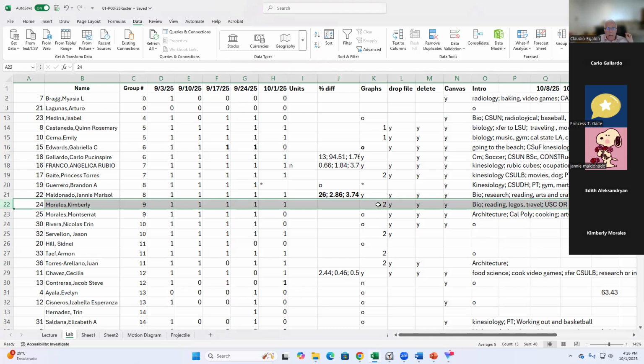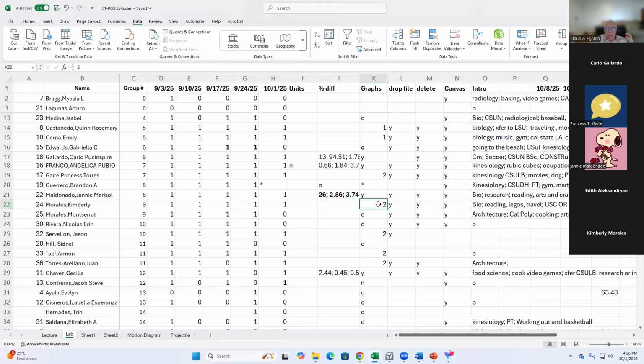Did you manage to finish the third graph? No? You said you're just using your phone, right? You don't have your computer. Make sure you have your computer, because it's kind of impossible plotting the graphs with the phone. Make sure you have your computer next time, okay?